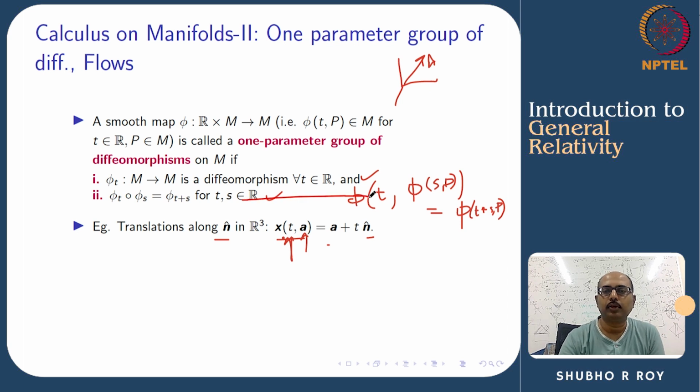This is the second condition. And you can check for the translation that this is indeed true. You can take this formula and see that it will obey this rule.